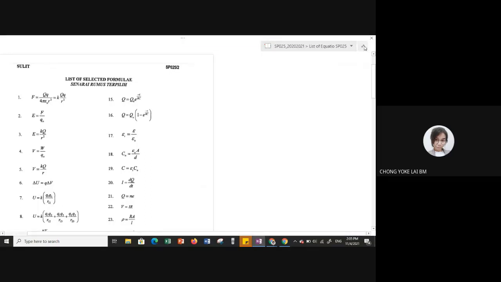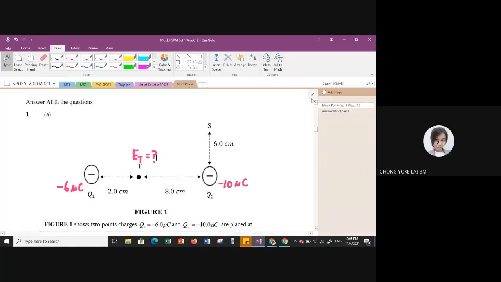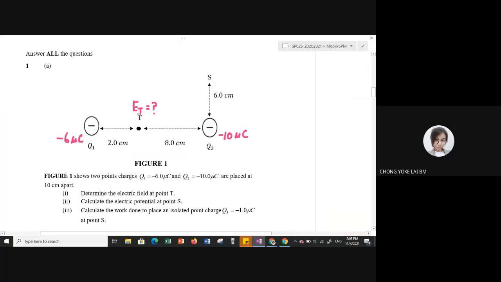But then we have to remember that electric field is a vector quantity. So to solve the first question, determine the electric field at point T, the first step is to draw the electric field lines created by Q1 and also Q2.